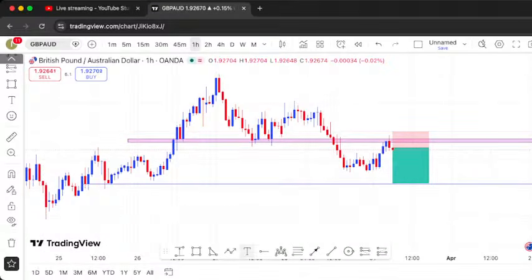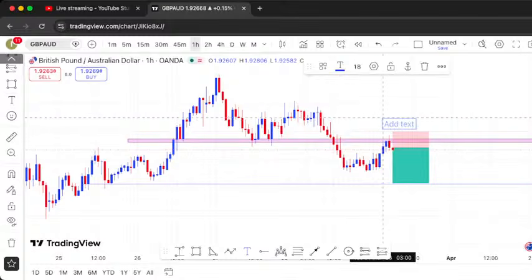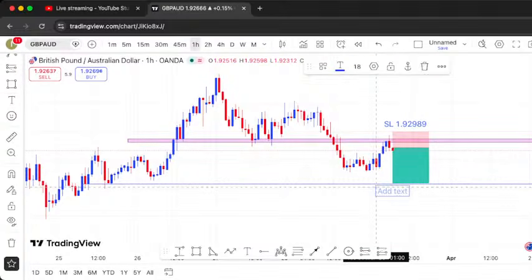So sell it. Stop loss at around 1.989. Okay, take profit, TP at around 1.928.